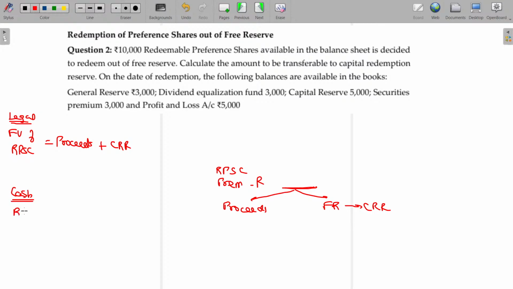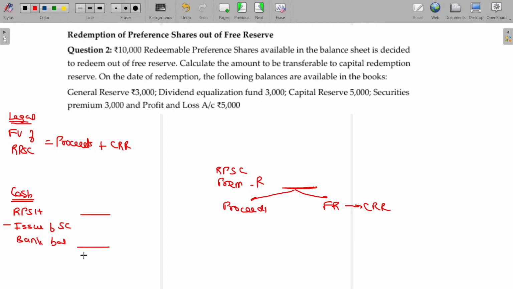What about the amount required for paying the redeemable preference shareholders? Now minus amount collected by issuing equity share capital, issue of share capital, and bank balance if you have anything, bank or cash balance.